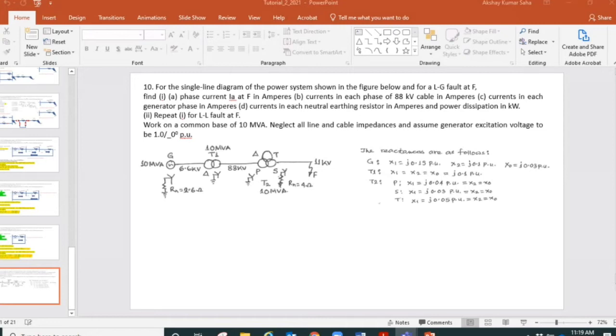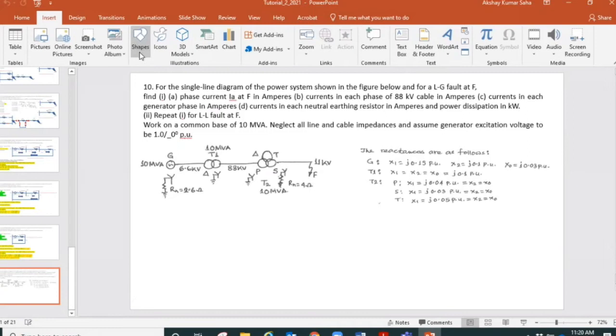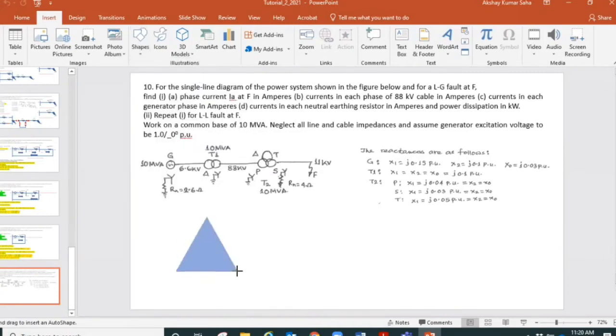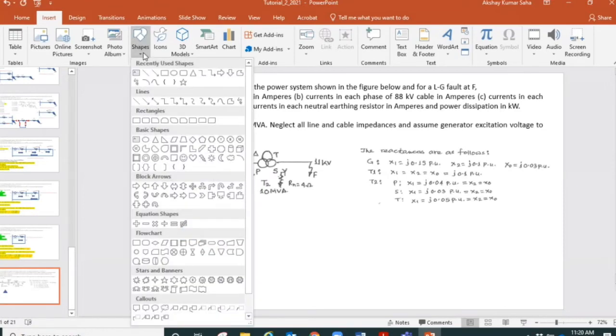So I have a transformer. Primary is transformer 1, primary is delta. Let me draw it so it will be easy. Do we have some delta shapes? Yes, we have some delta, and we have some star somewhere.